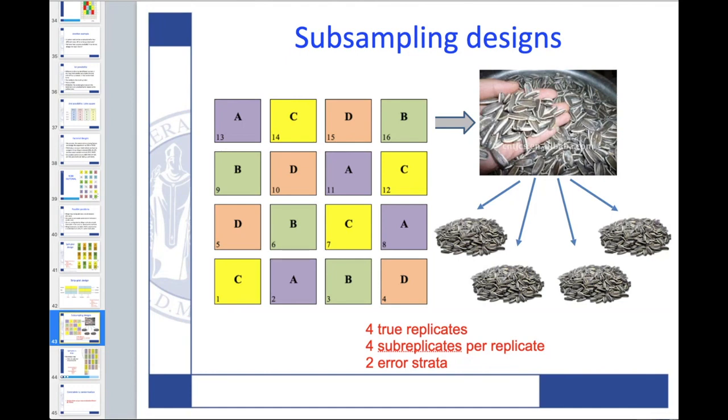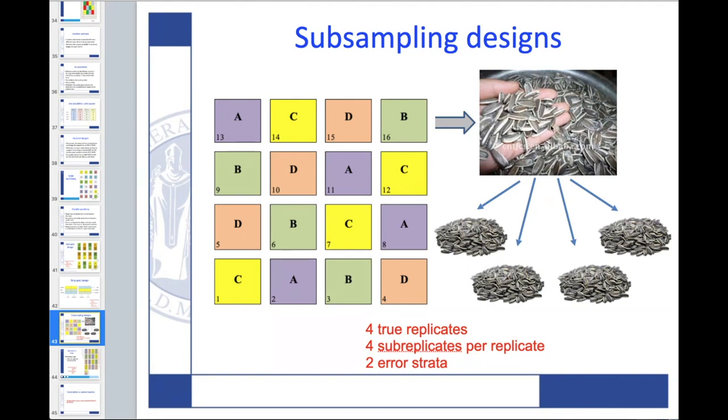So if we take one sample and we make 4 analyses, these are not true replicates because these sunflower seeds are taken from the same plot, so they are not independent. These are pseudo-replicates or sub-replicates.